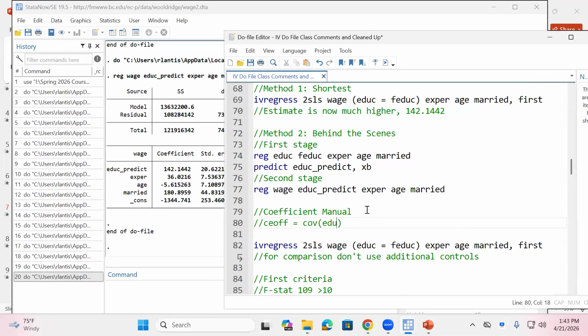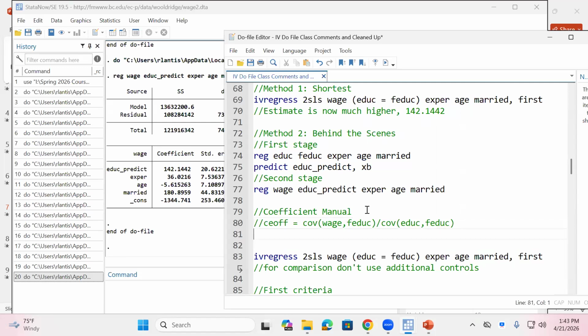For us, y was what we're looking at, wages, and z is father's education, our instrument, divided by the covariance of our x variable, education, with that instrument. Well, I can find these values.